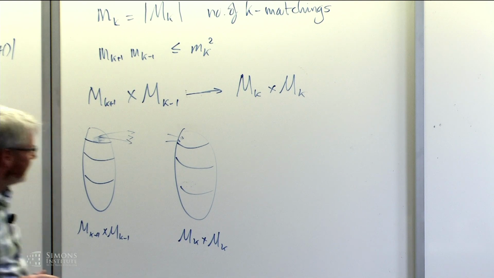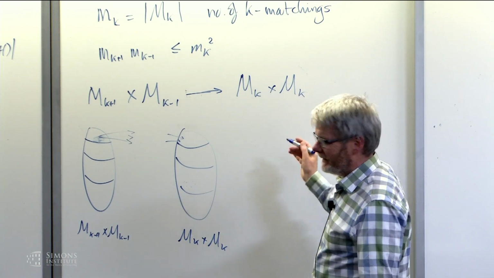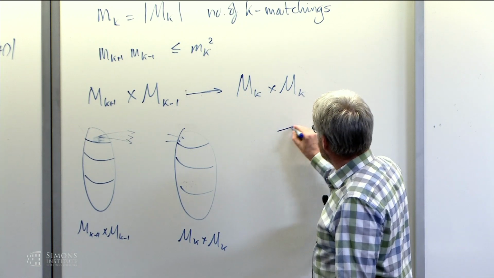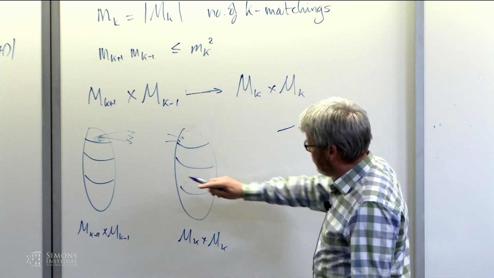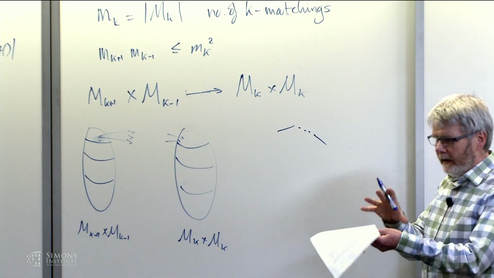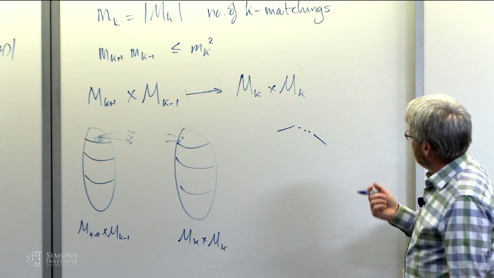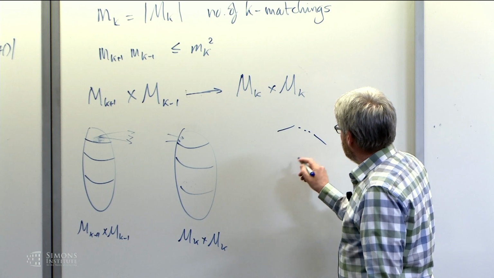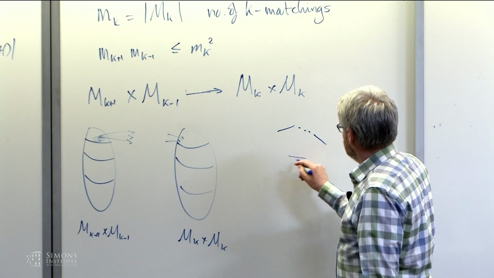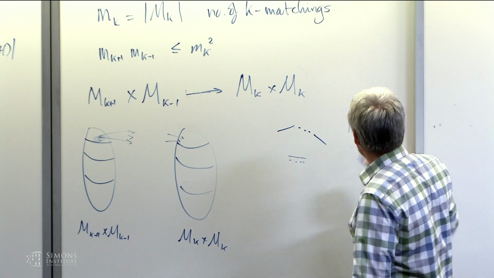So that's basically it. I'll give you the benefit of that. If you take a pair of a k+1 matching and a k-1 matching, when you look at their union, you get a bunch of alternating paths, sometimes they may include cycles.